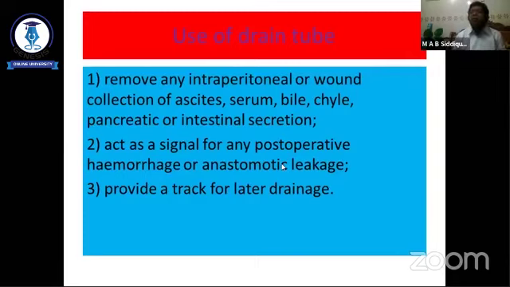It is used in cholecystolithiasis; following choledocholithiasis, we introduce the T tube. When there is a retained stone within the CBD, the T tube track is used for later drainage of this stone.